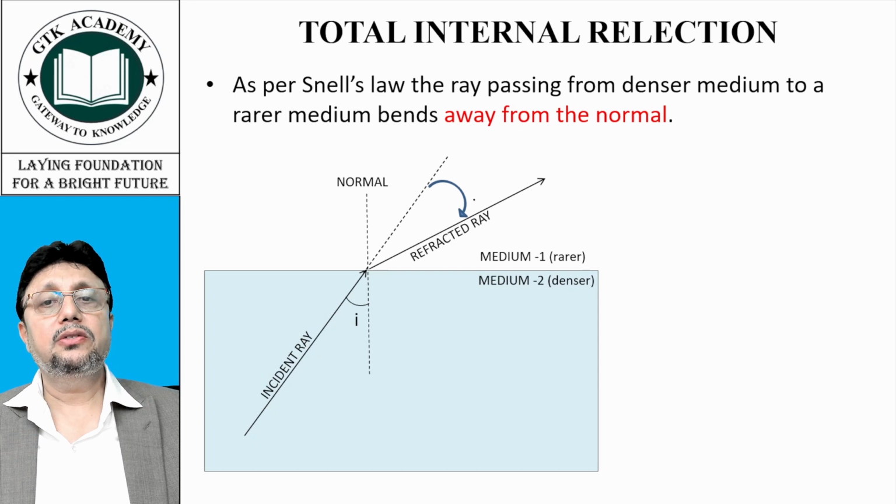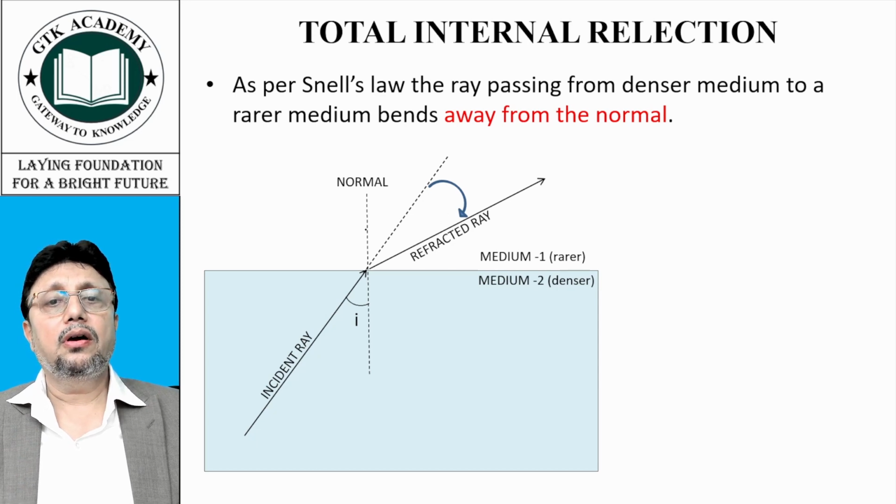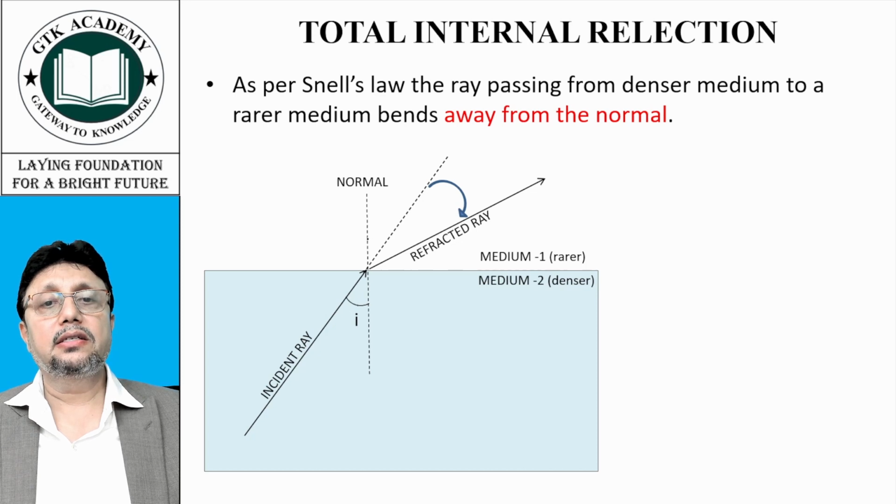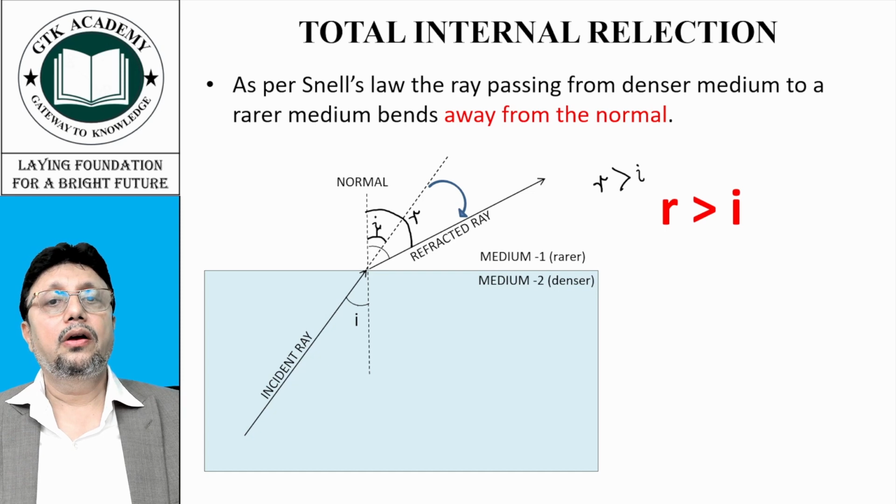Now it is clearly visible that this angle is I, this angle is also I. So this is the angle of refraction. It can be easily seen that R is greater than I. Right. So please note this also because it's going to be used.